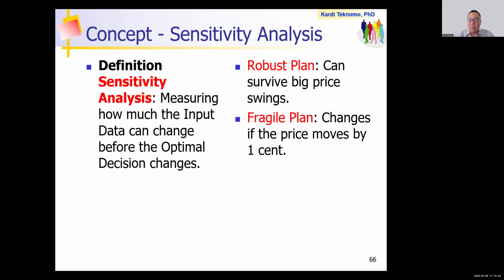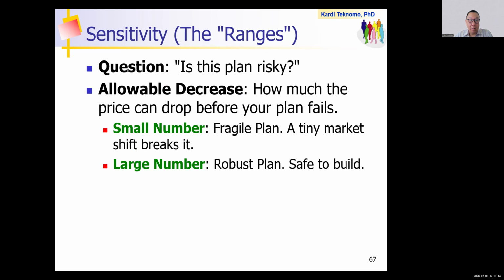But if the price can double and the plan is still the same, then you have a robust plan. So can you distinguish a robust plan and a fragile plan? If there's a change and the decision is still the same, that is robust. But if there is just a small change and the decision needs to change a lot, then you have a fragile plan.